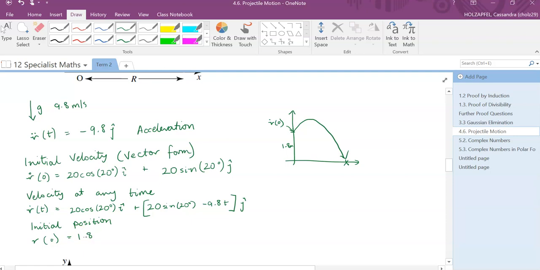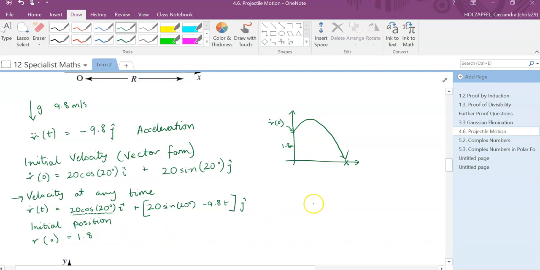Okay, so what we're going to do now is integrate the velocity term, so this term here, so that we can find an equation for the position. If we consider this value here, 20 cos 20, that's going to be some constant value. It's not an exact value, so I'm not going to write out the decimal, but I will just integrate this.